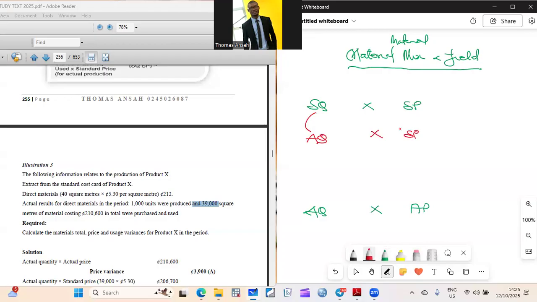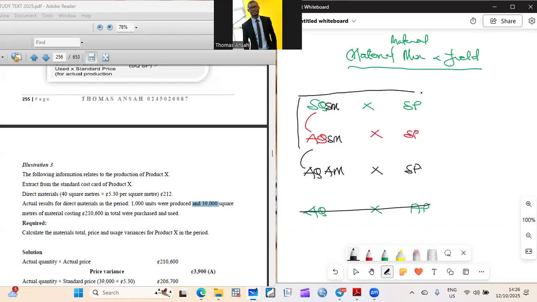Now we are doing mix variance, so all we need to do is to add SM to these quantities because it's from usage. So standard mix here, standard mix here. Then we will change this one to AQ AM, actual mix, by standard price. From these formulas, we are not interested in price because we are doing usage, the quantity of material we are using.